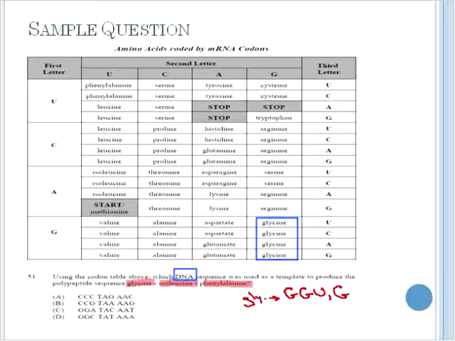GGC, GGA, or GGG. The possible DNA from this would be, writing this time in green, GGU would become CCA.